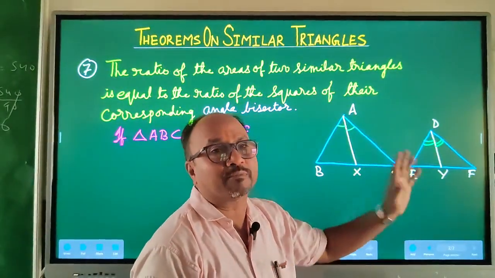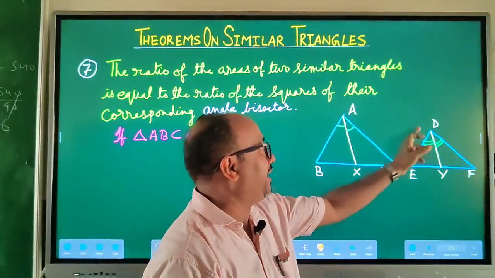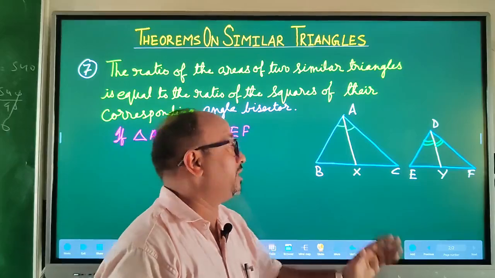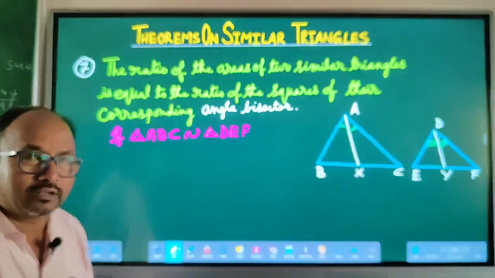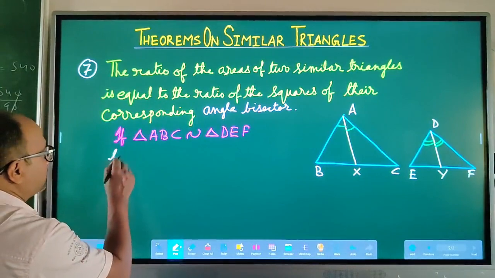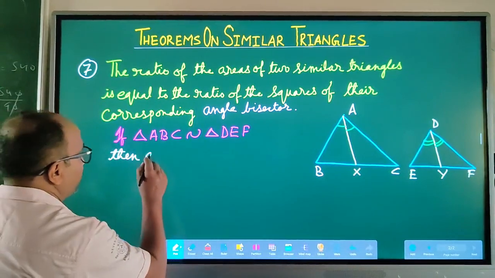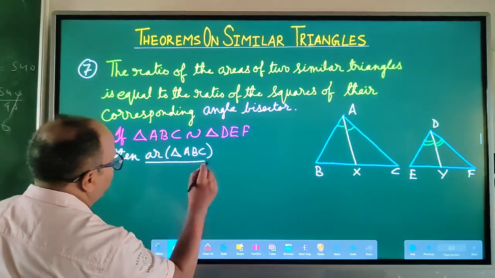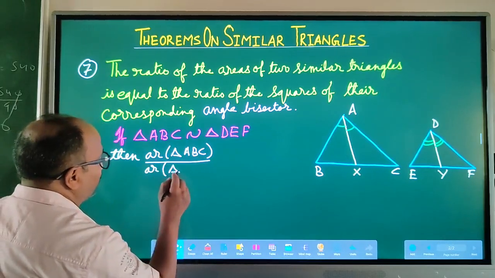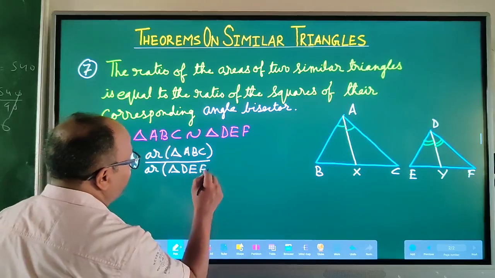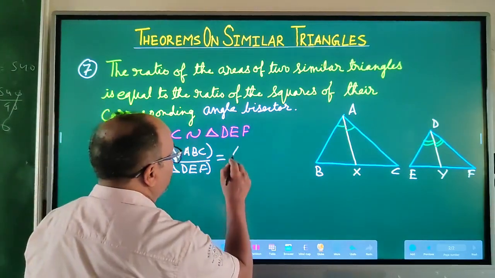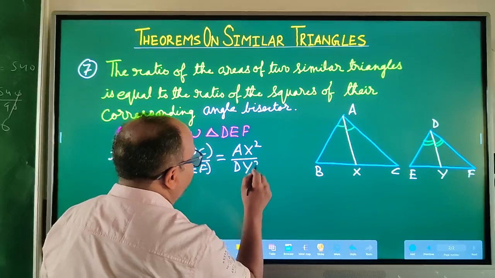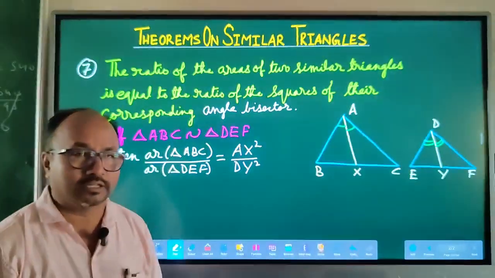Here DY is bisecting angle D, so angle EDY equals angle FDY. Now the theorem says if the two triangles are similar, the ratio of their areas, area of triangle ABC by area of triangle DEF, will be equal to AX square by DY square, which are the angle bisectors.